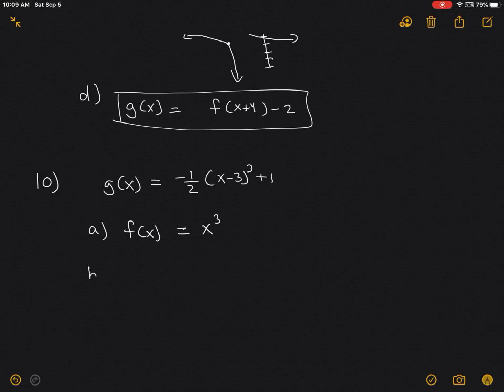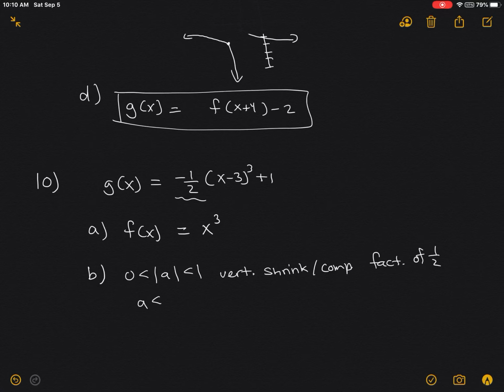All right, so moving on to part B, describe the sequence of transformations. So this kind of just looks like our general form, right? And it is. So the absolute value of a, this number changes the size of the graph: vertical shrink or compression, factor of 1/2. a is also less than 0, so it's a reflection over the x-axis.